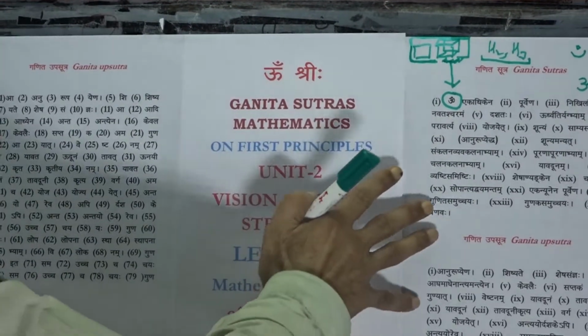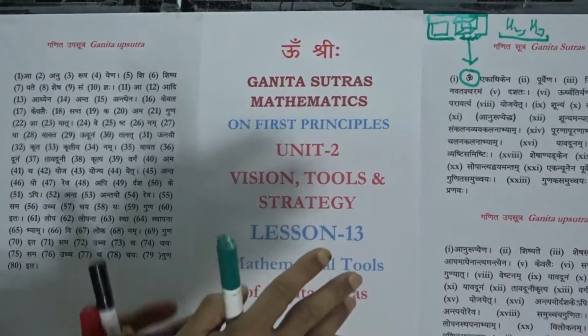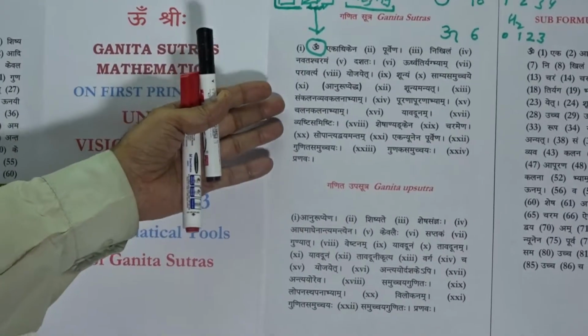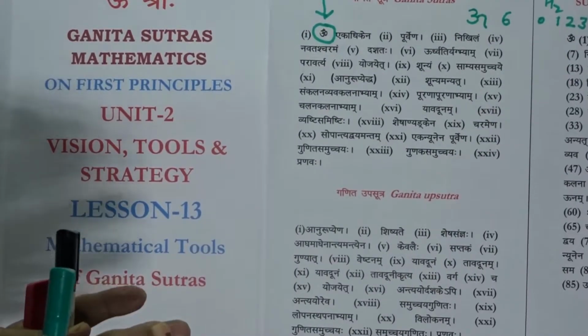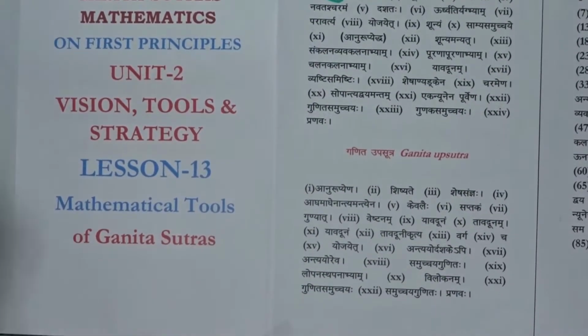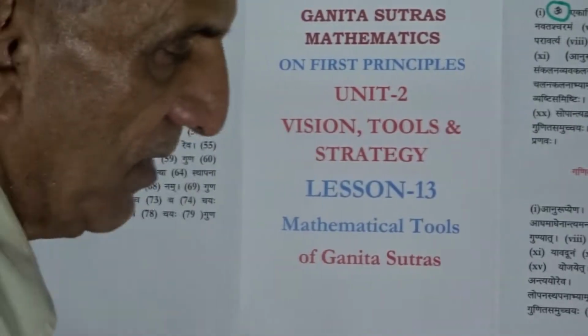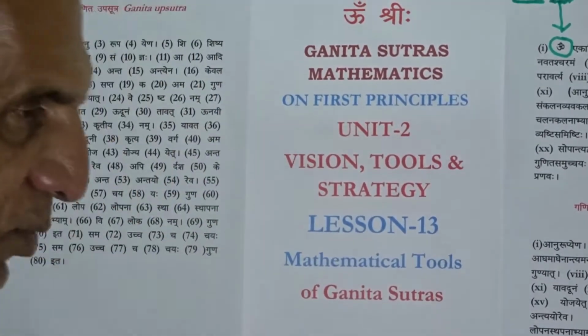This text, as it is of 46 formulations, therefore each formulation should be taken as a complete composition, a complete mathematical formulation.